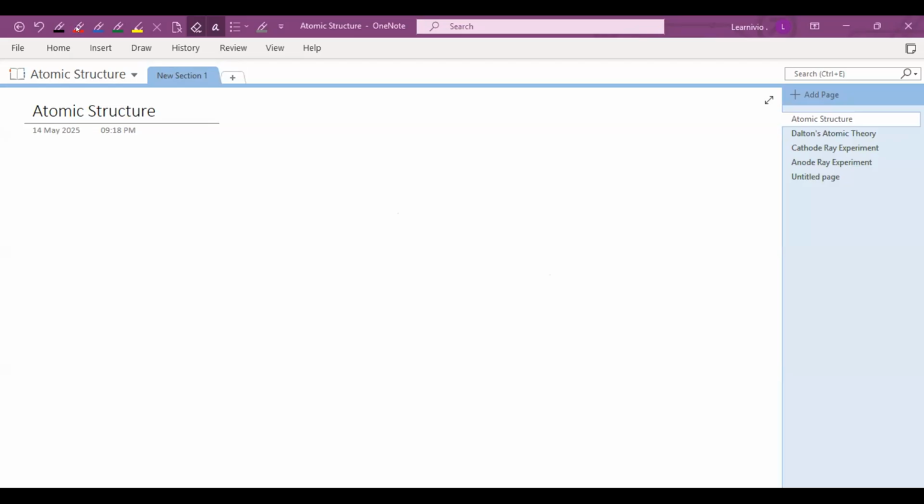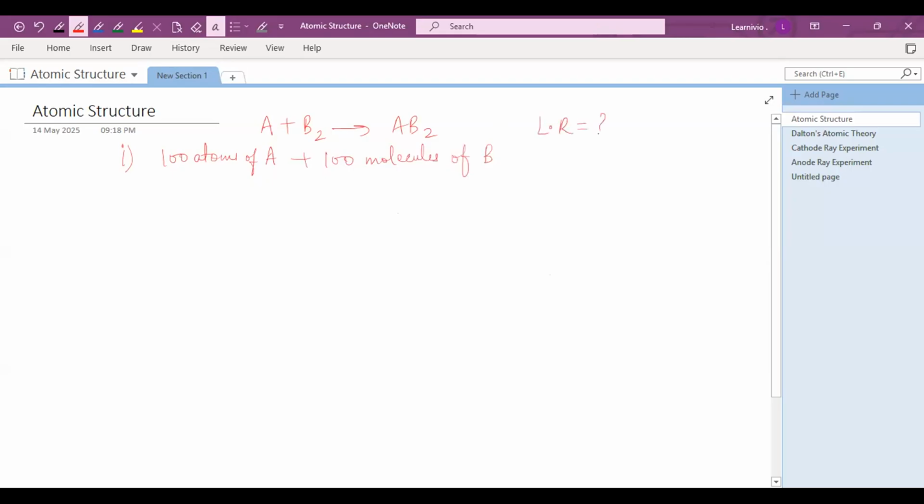Okay, just tell me this. Until she joins, we will do some questions. So the same question: A plus B2 will give you AB2, right? This is the reaction, and the first part is 100 atoms of A plus 100 molecules of B. Now tell me, you have to tell me the limiting reagent.